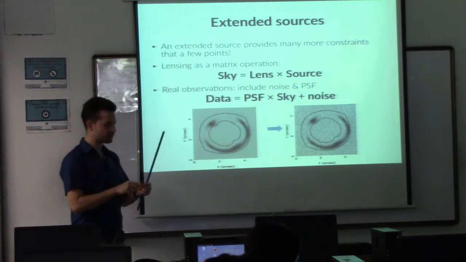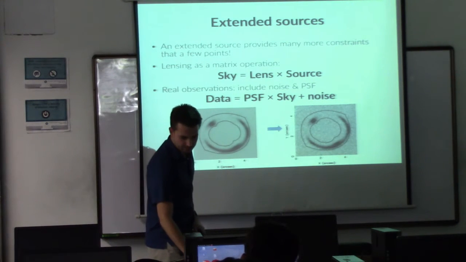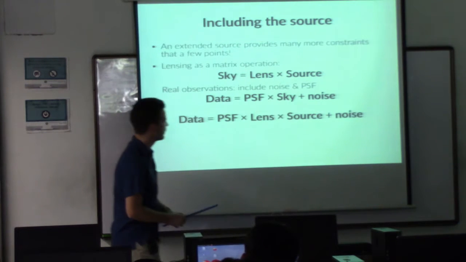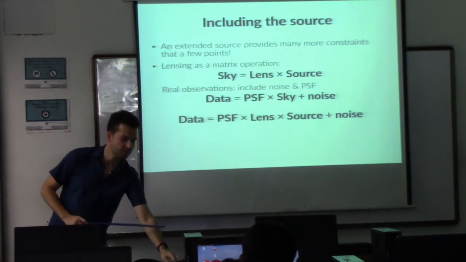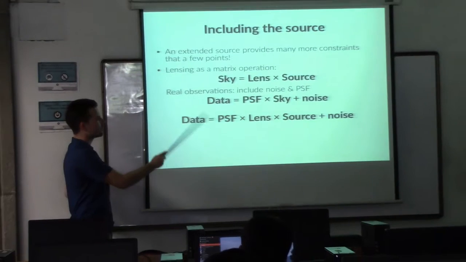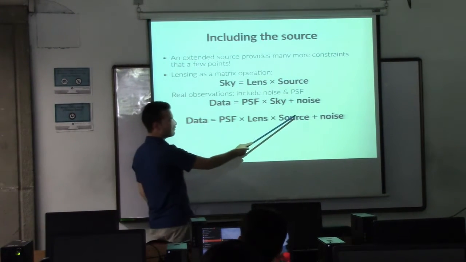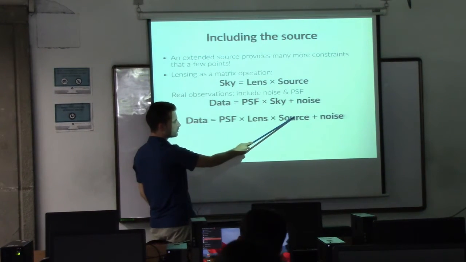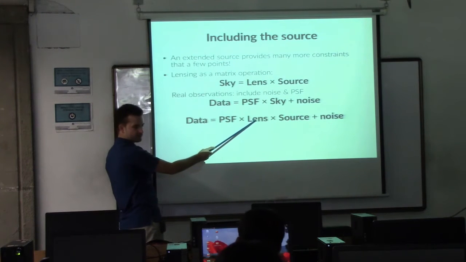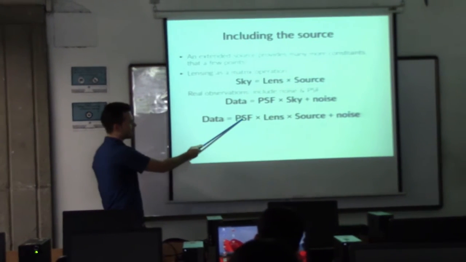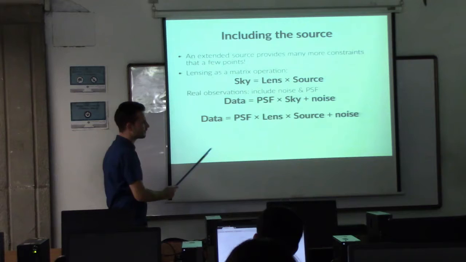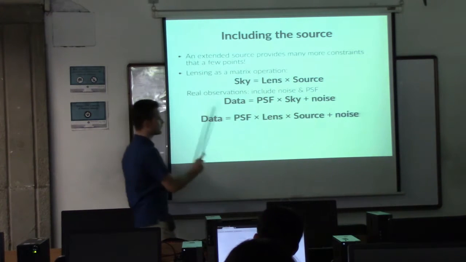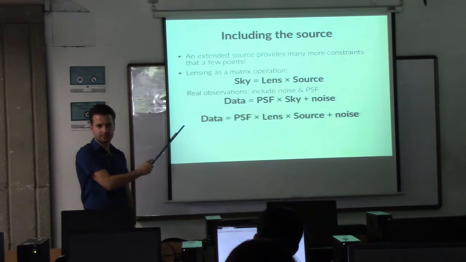So this is in principle a pretty neat equation. If you know what your lens source looks like, you know your lens. The PSF is dictated by the telescope. Here is your noise. You should be able to reproduce your data.